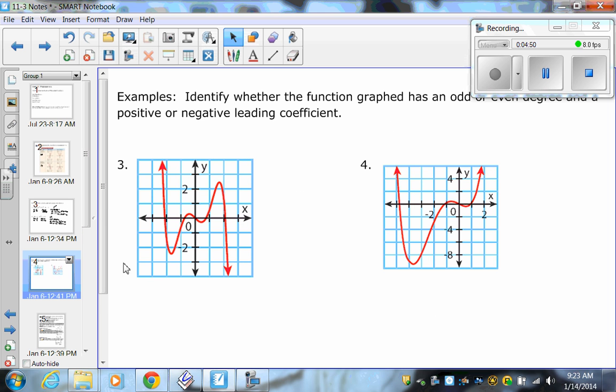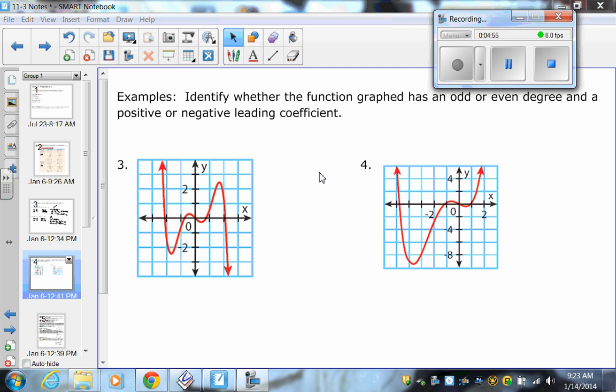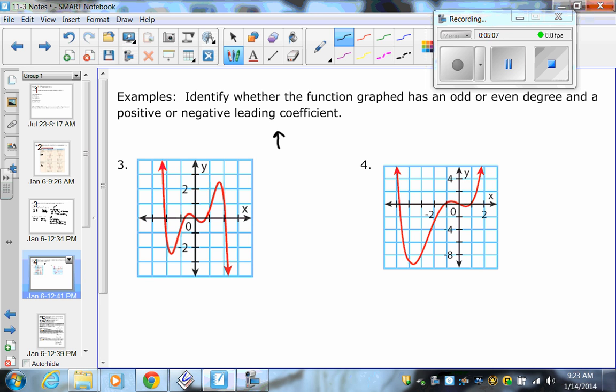The next set of examples says to identify whether the function graph has an odd or even degree and whether it's a positive or negative leading coefficient. So ultimately what I'm doing here is I'm just looking at the ends. So I have going up on the left and going down on the right here. So which graph from the chart is going up on the left and down on the right?